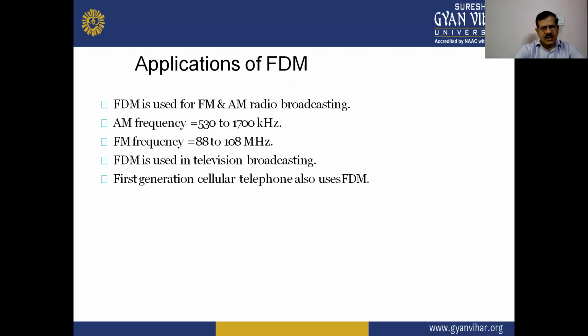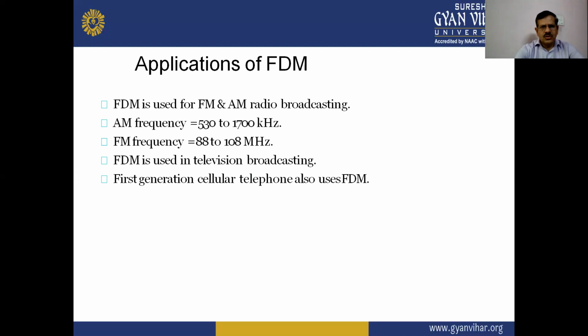And what is the frequency range for FM? The FM frequency range is 88 to 108 megahertz. So these are the frequency ranges of the AM and FM modulation systems.